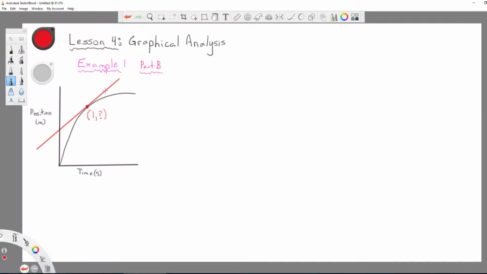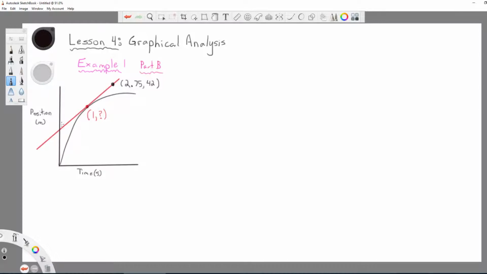But I chose a couple points along the graph here, and I'll do these again in a dark color. I chose one around here, and it worked out to 2.75 in the x and 42 in the y.